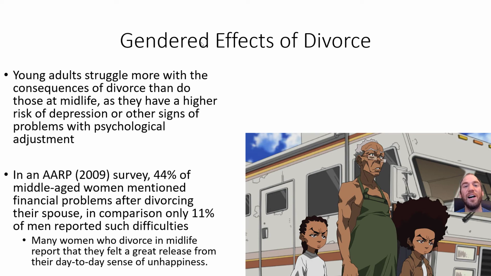So we have, again, this accumulation effect. Rocky life prior to marriage, getting married early, getting divorced quickly, and then being at risk for certain negative developmental outcomes, specifically in this case, depression.